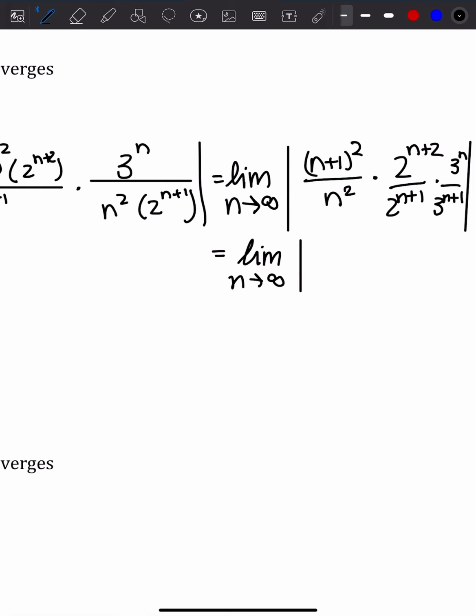We're going to go ahead and leave n plus 1 squared over n squared.